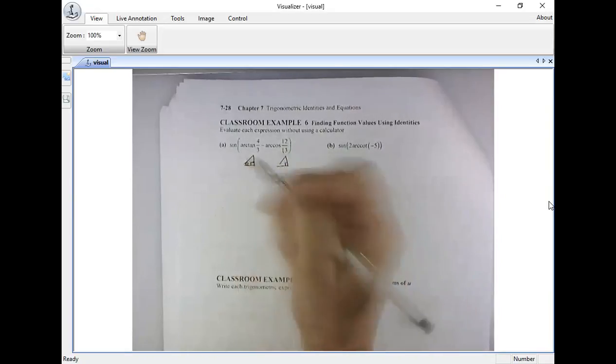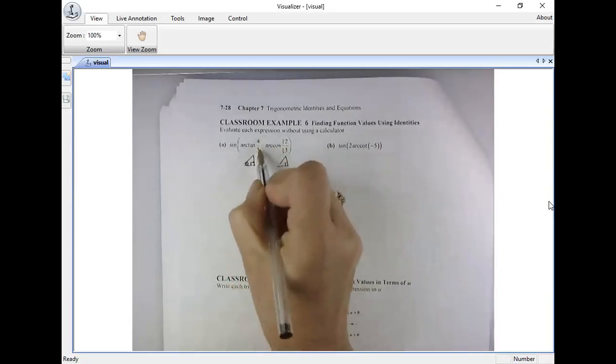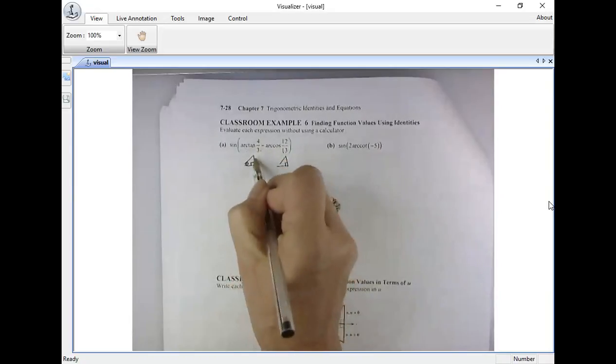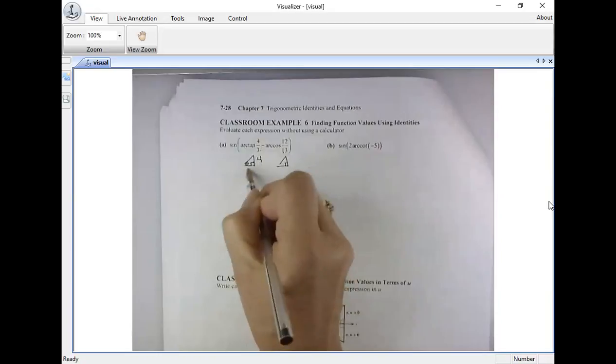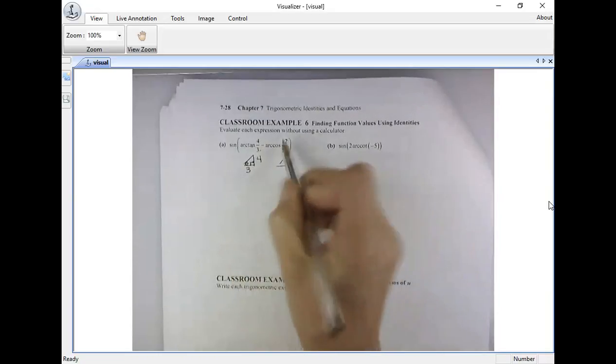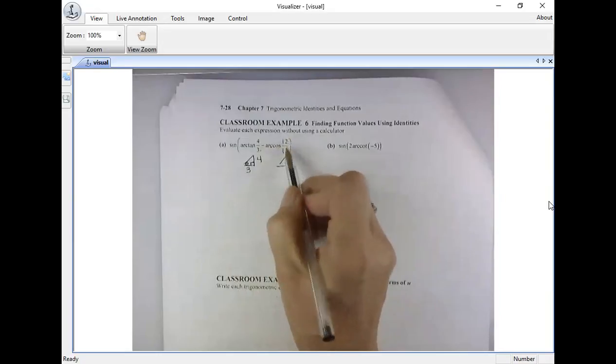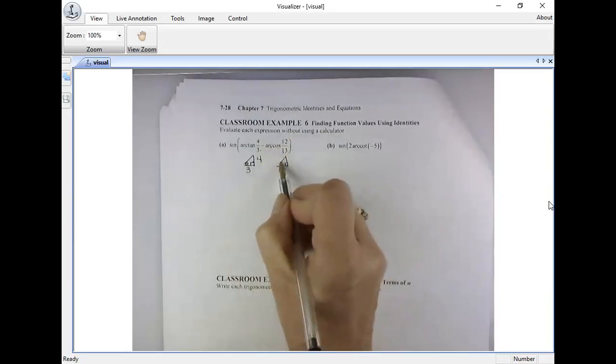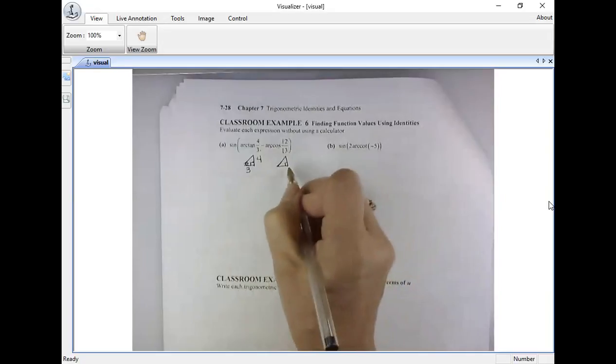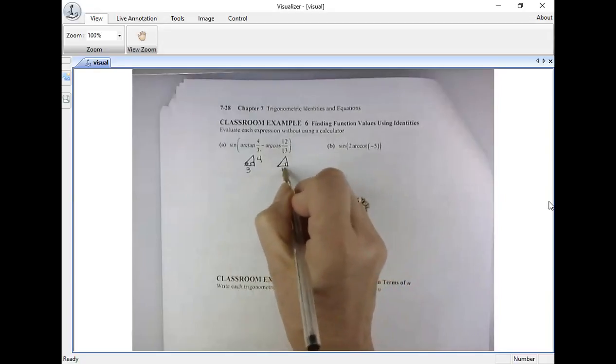And since I want the angle whose tangent is 4/3, tangent is opposite over adjacent. And then I want the angle whose cosine is 12/13, and cosine is adjacent over hypotenuse.